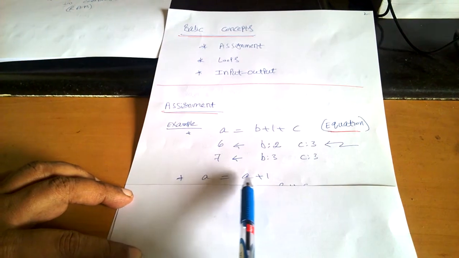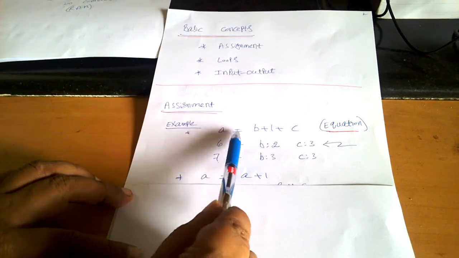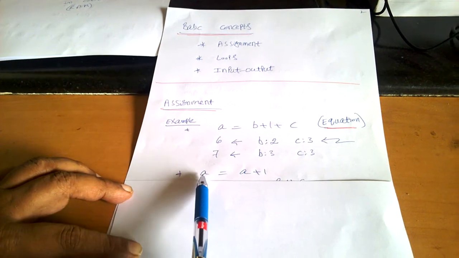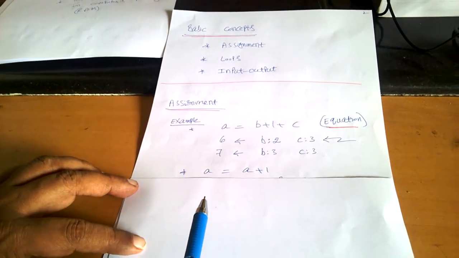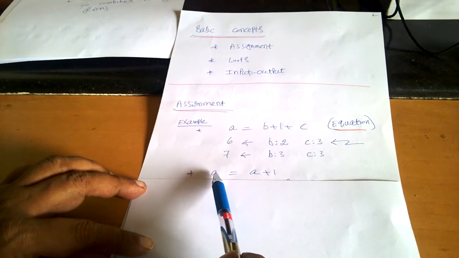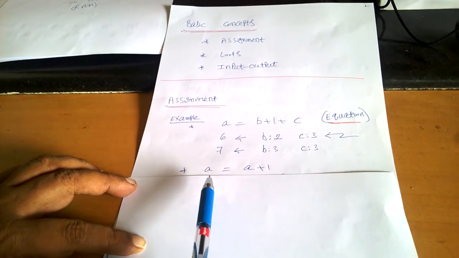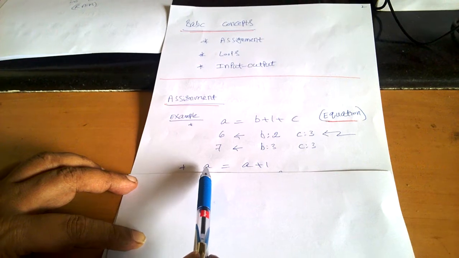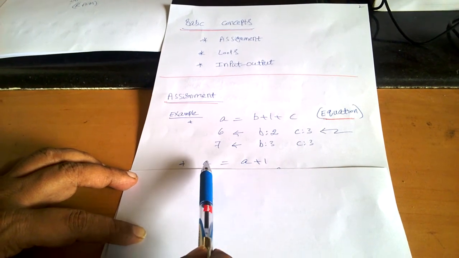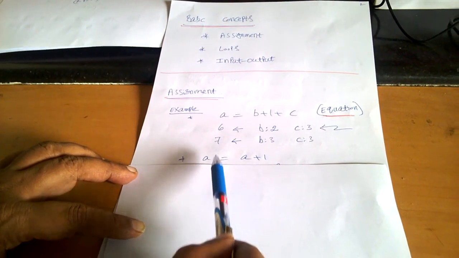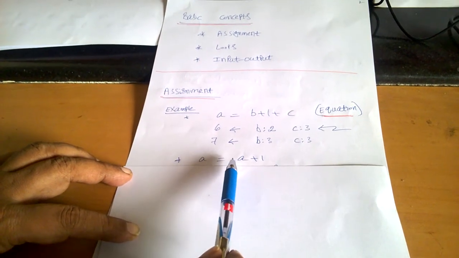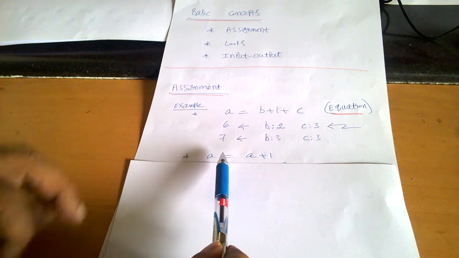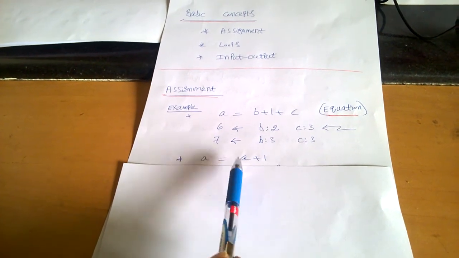Now we will look at a more interesting example. Here we have A is equal to A plus 1. Before we had A is equal to B plus 1 plus C, but here we say A equals A plus 1. Its meaning you should look at from a computing point of view. In mathematics, of course, we will not write any equation like this, but in computing, we write an equation like this, and all programming languages involve such equations.